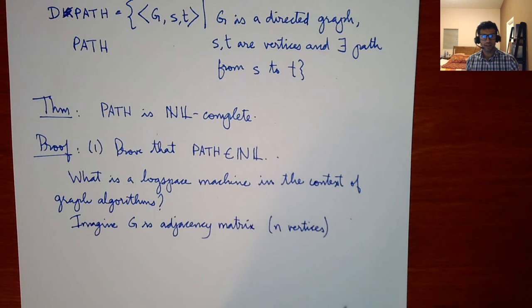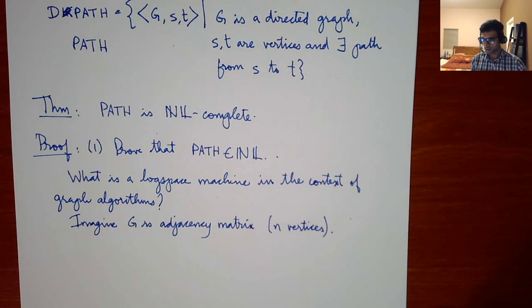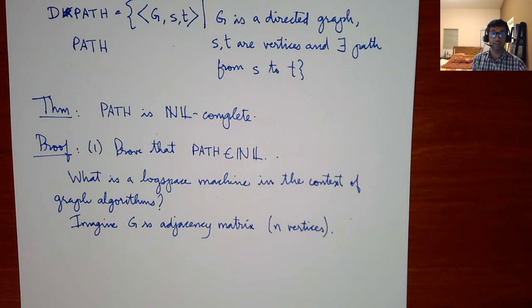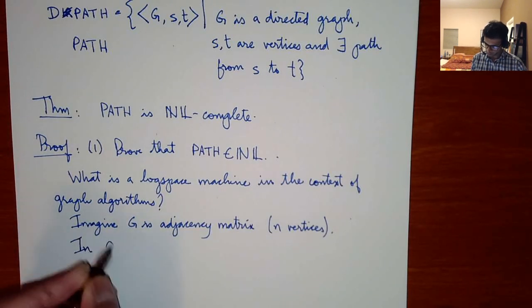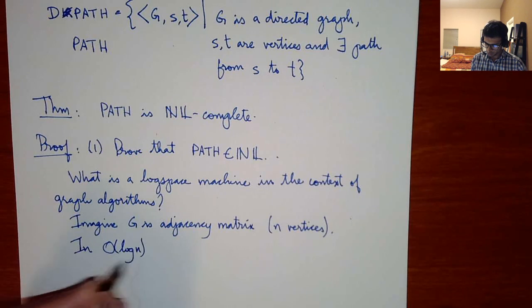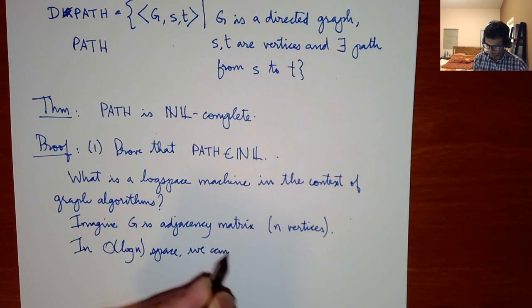So how much space does it take to store an individual vertex? There are n vertices. How much do you need to store just the label of an individual vertex? Log n bits, right? So in O(log n) space, we can store a vertex.